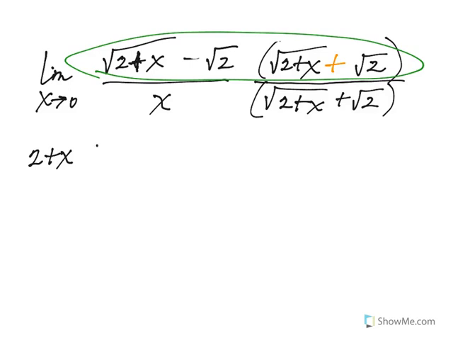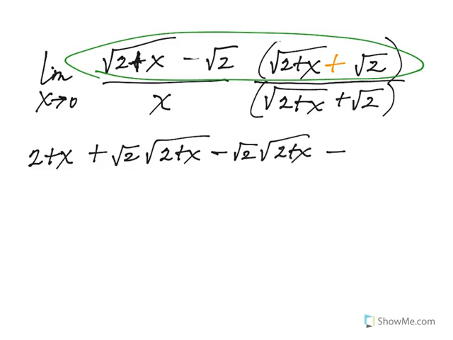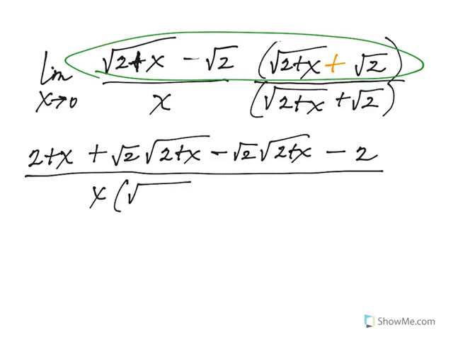This is going to be plus root 2 times root 2 plus x, minus root 2 times root 2 plus x, and then minus root 4, or just 2, all over x times (root 2 plus x plus square root of 2), because again, I just multiply straight across.